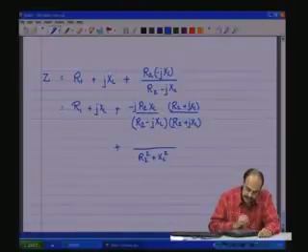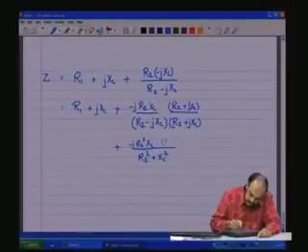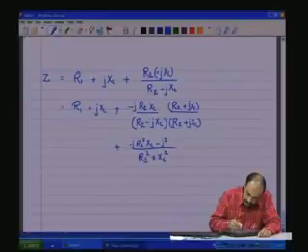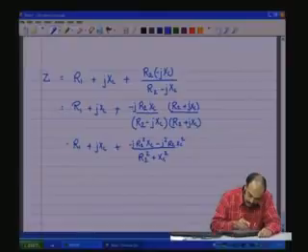So, there are no j terms here, we want to put all the j terms to the numerator, and here you have R2 square XC minus j plus j square R2 XC square. There is a jXL here and an R1 here.